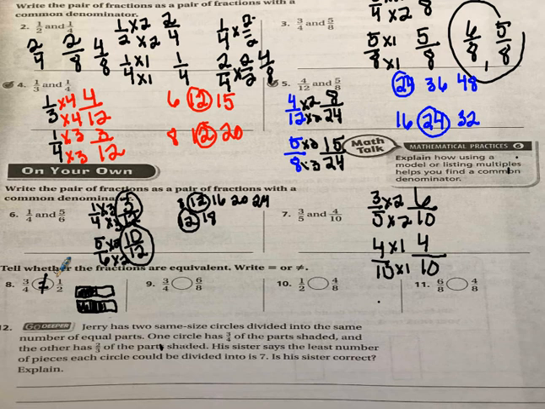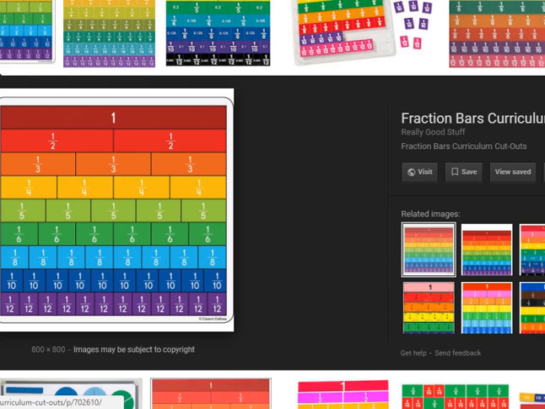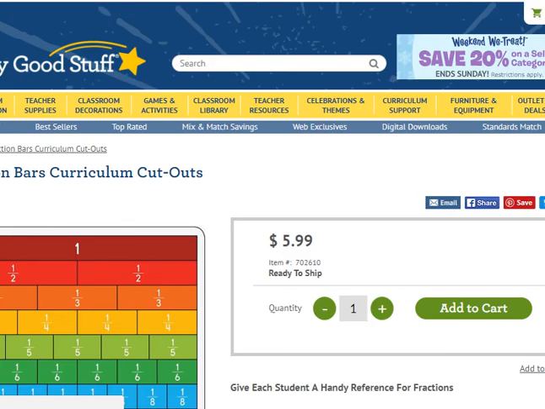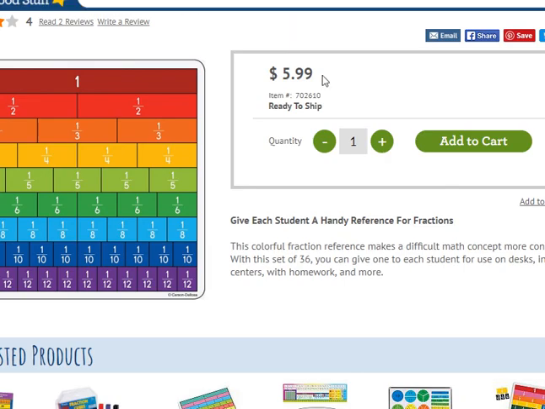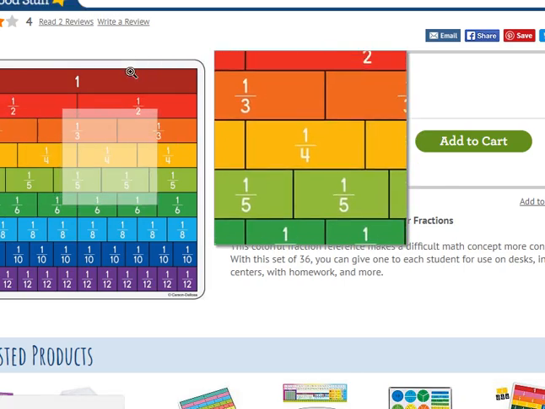Okay, 3/4 and 6/8. This one would be equal to, and I can show you why. Alright, so if I have 3/4, that's 1, 2, 3.